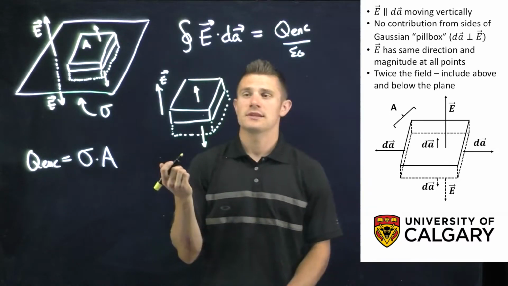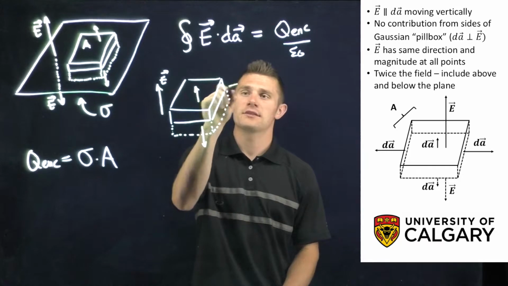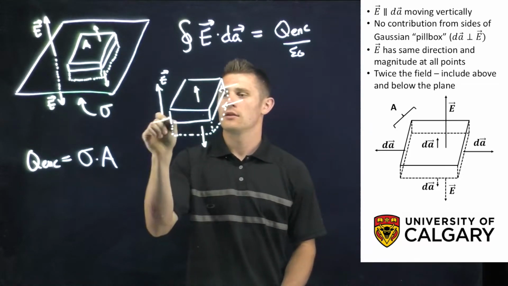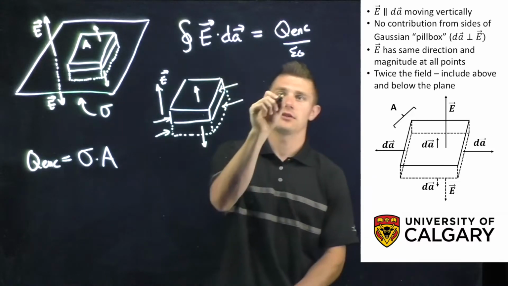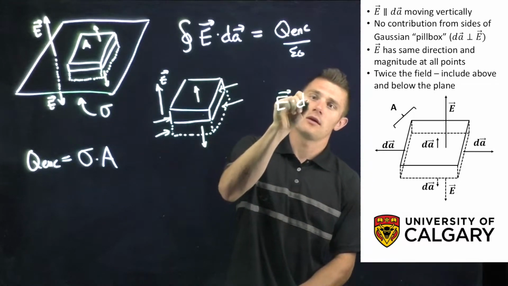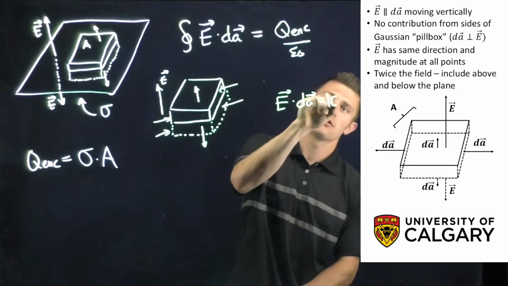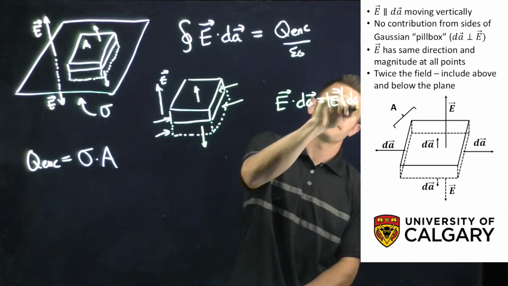What that means is that we'll actually have no electric field passing through the sides of our Gaussian pillbox. In this case, our electric field will be parallel to our infinitesimal area vector.